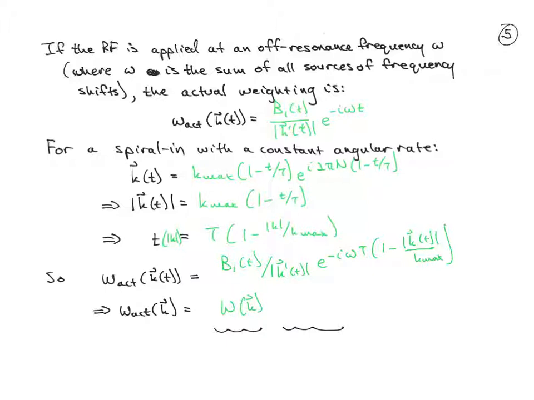The first term is equal to the desired weighting, but then we also have a phase aberration that is k-space location dependent: e to the minus i omega T times 1 minus magnitude k of t divided by k max. So this is the phase aberration. And you note that this phase aberration depends on the k-space location. Okay? So it's not just a global phase shift.